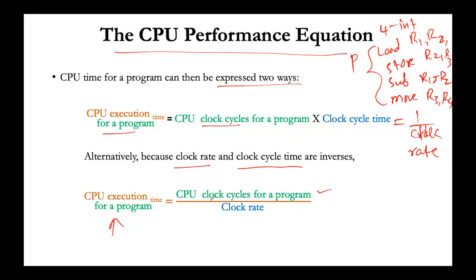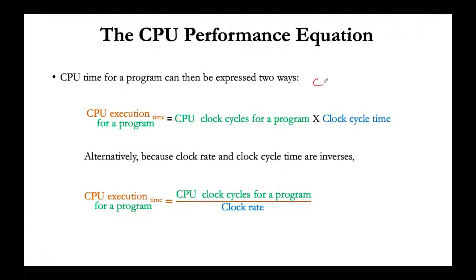The number of CPU cycles is equal to the number of instructions multiplied by the CPU cycles per instruction.